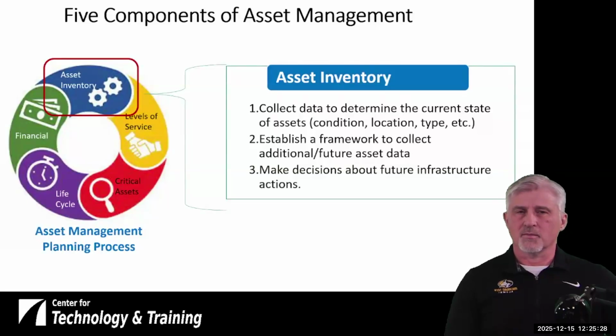As we do this, if we replace something, then that's going to come off of our inventory, but chances are we're adding something on. So we need to make sure that we have in place the ability to add and subtract from our asset inventory.